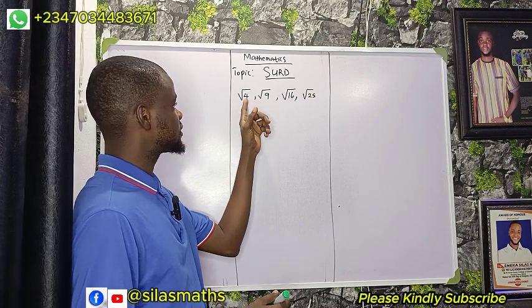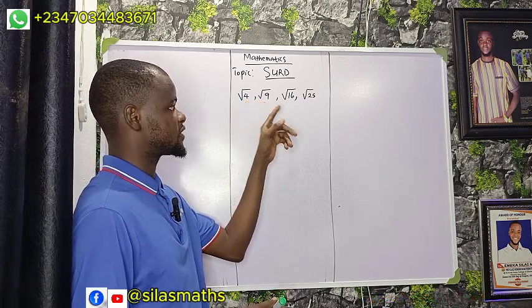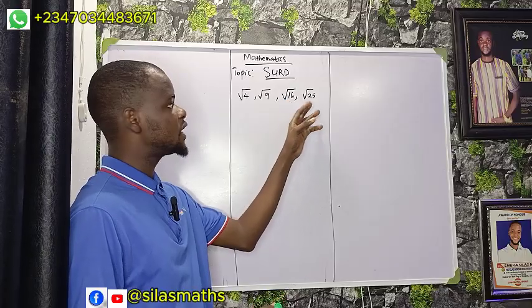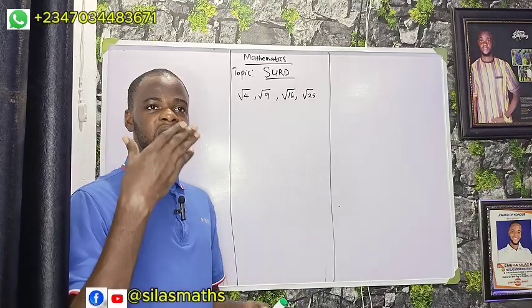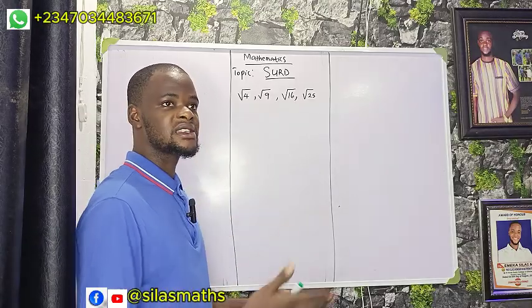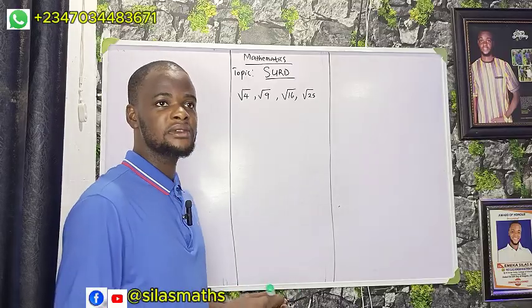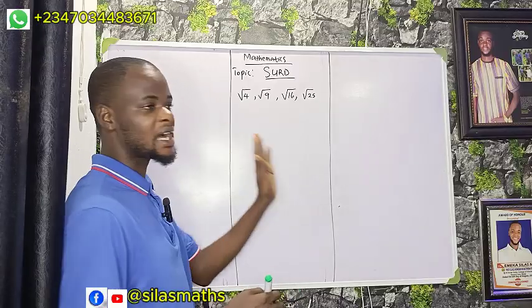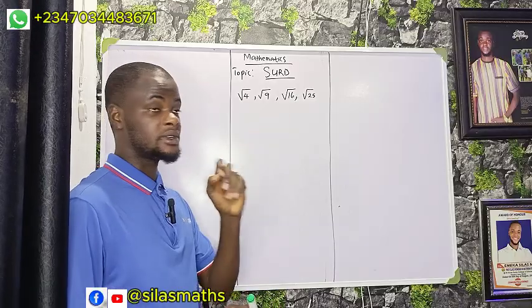Square root of 4 will give us 2, square root of 9 will give us 3, square root of 16 will give us 4, and square root of 25 will give us 5. And square root of 36, 49, 64, 81, 100, and so on and so forth. So all those are called square numbers.